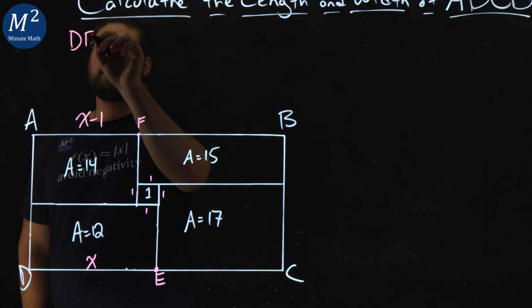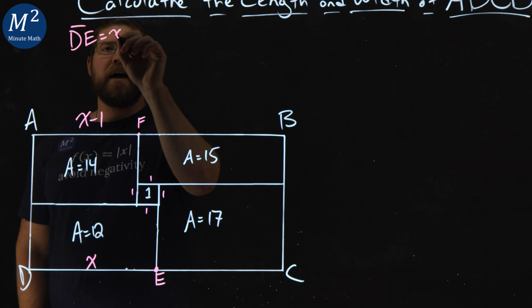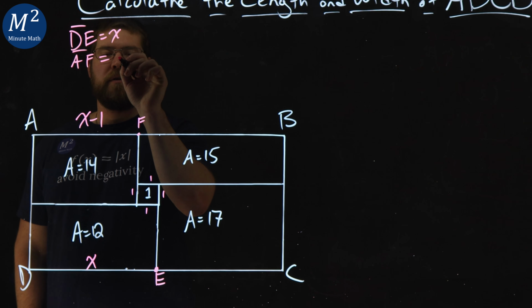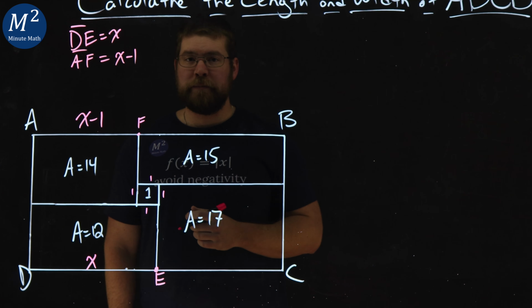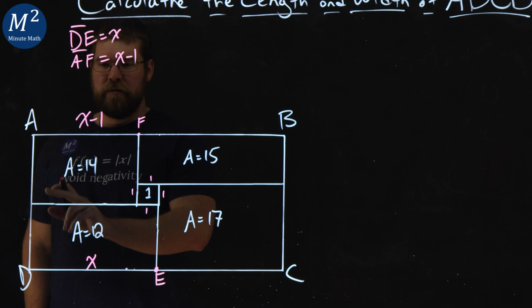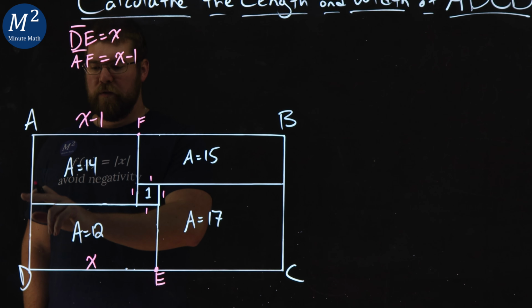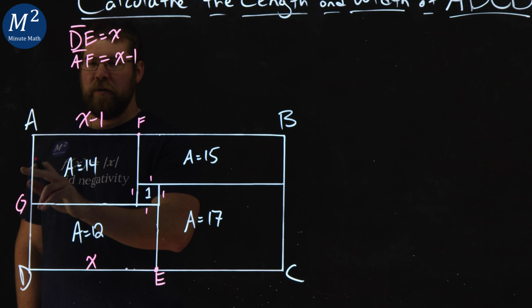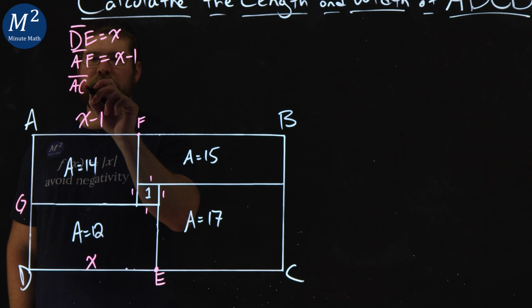Let's write down what we have. DE is X, and AF has a length of X minus 1. If our rectangle AF has a length of X minus 1, what's this length? Let's call this G, and we want to find the length of AG.